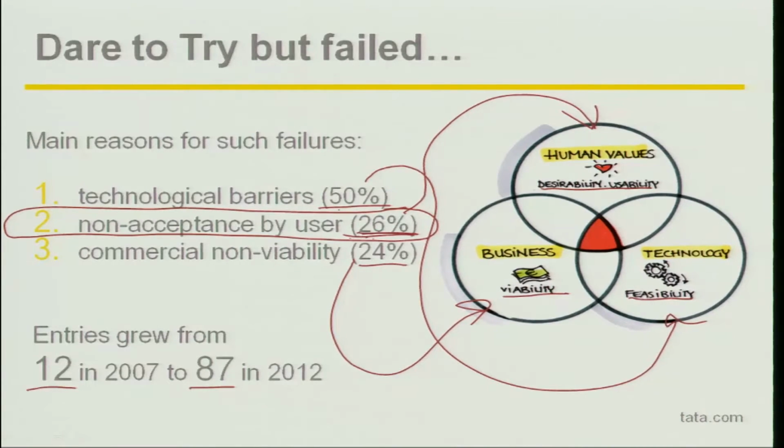This part of it, which was non-acceptance by user, possibly because when we design, we don't think of all the things that the user's considerations might be, and therefore there's a mismatch, there's a gap, right? So this was a nice, interesting sort of connect back to a lot of the design thinking related, people-centered related ideas that we're talking about. Okay.